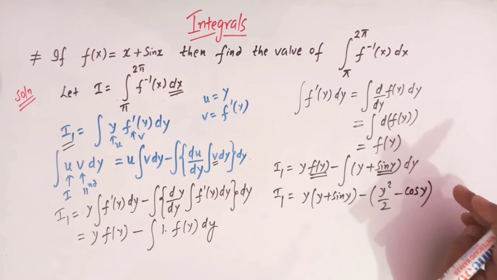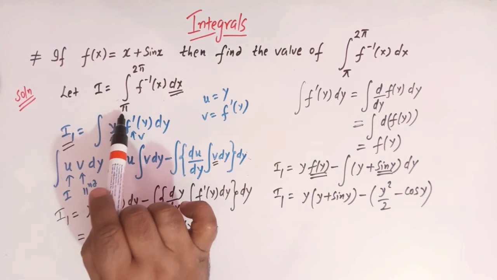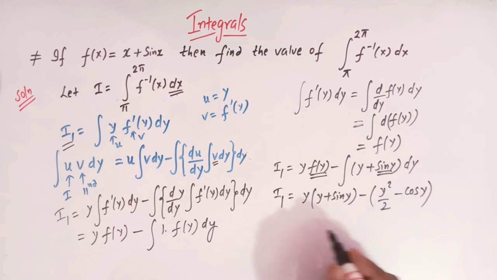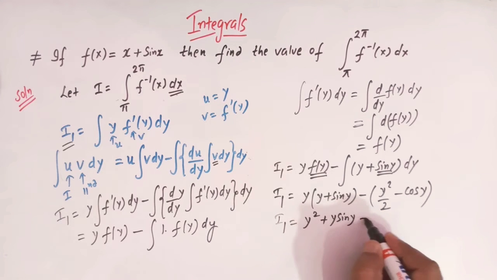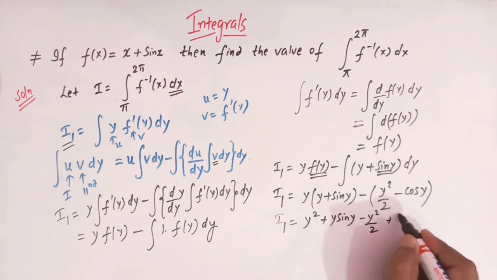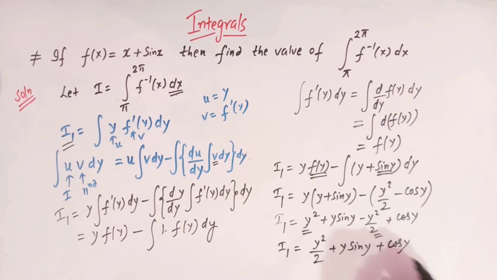So here we are not writing the constant of integration because we have to finally substitute the limits, so we'll ignore it. So we have I1 is equal to y square plus y sine y minus y square over 2 plus cosine of y, right? So these two are like terms, so we have I1 is equal to 2y square minus y square, that is y square over 2, plus y sine y plus cos of y, right?